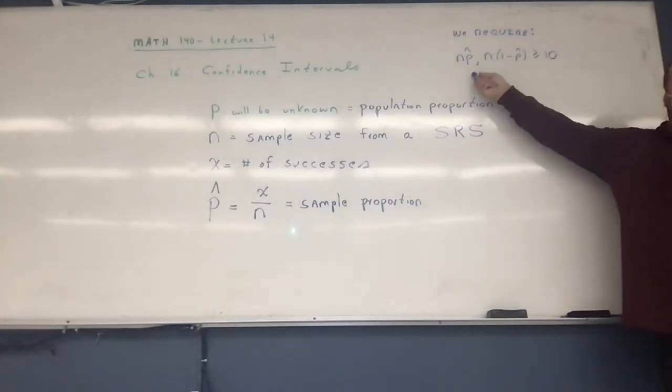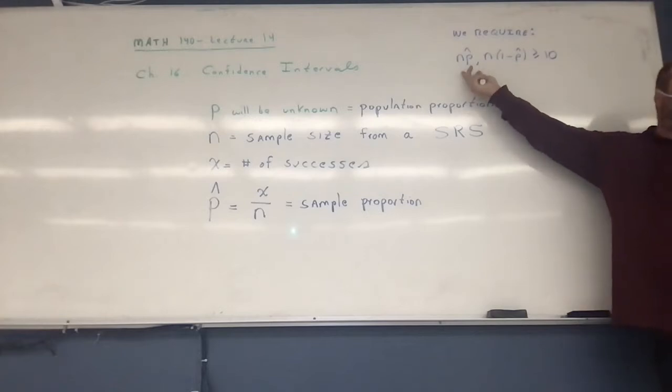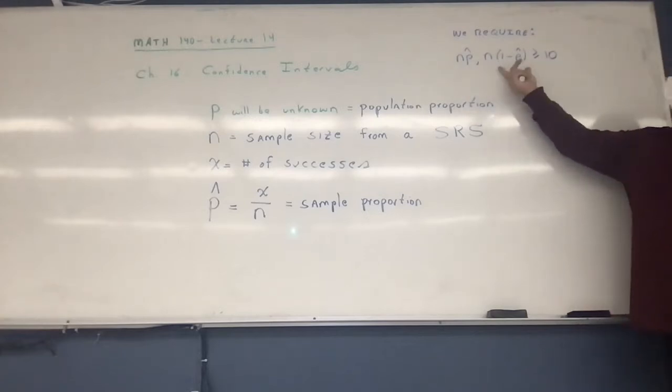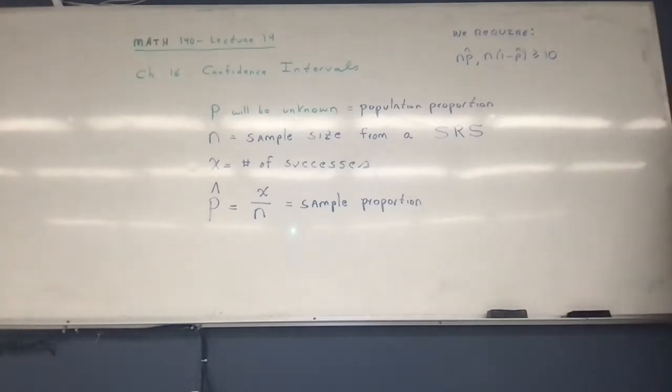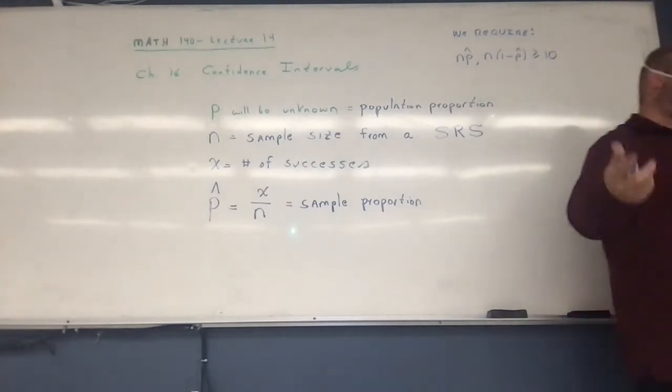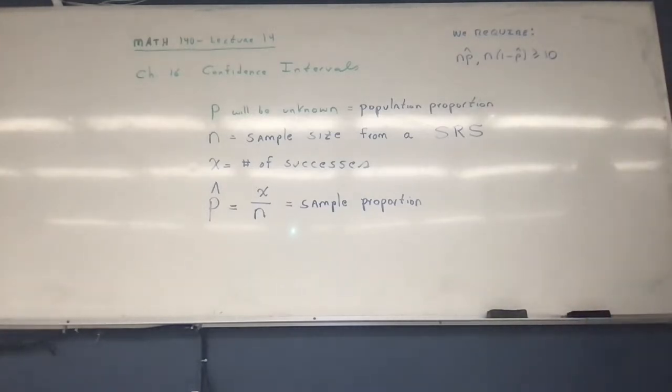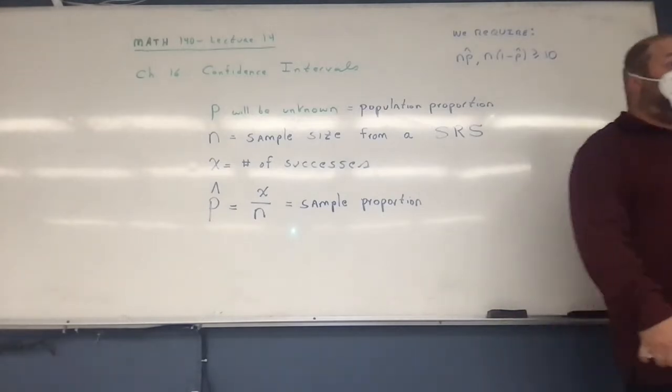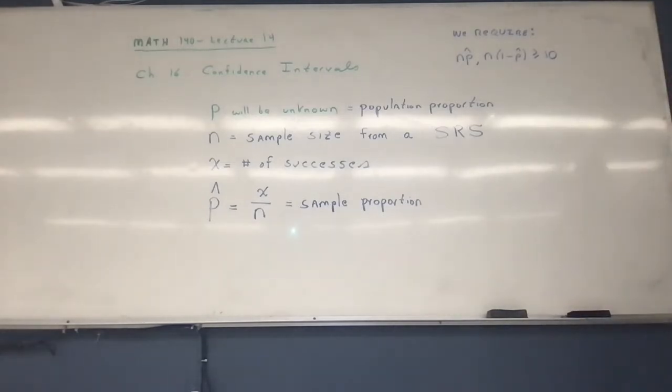N p hat, this quantity, is the number of successes. And n times 1 minus p hat, this quantity, is the number of failures. In order to use the formula that I'm going to give you in a few minutes, the number of successes and the number of failures must both be greater than or equal to 10.